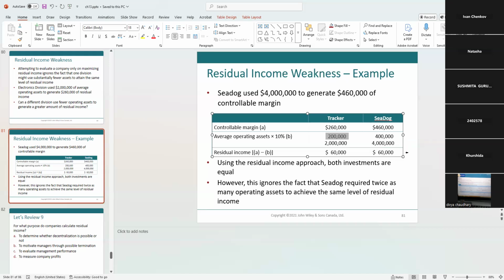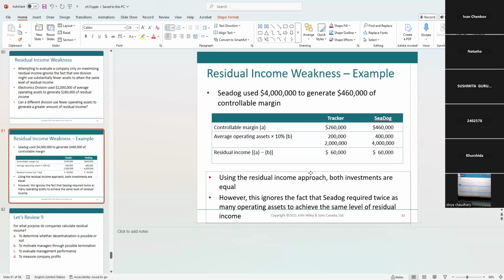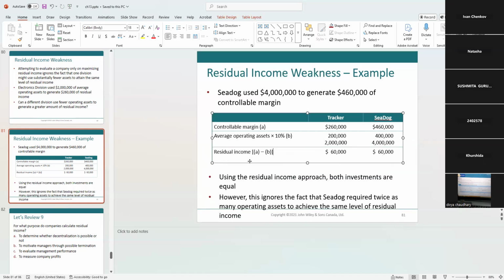In order to find out which project is more profitable, we have to move to something else. Obviously, both projects give you the same residual income. Does that mean that we are indifferent about which way we invest? Well, not necessarily, because the next thing that we have to check is return on investment. How much is our return on investment in the first project?